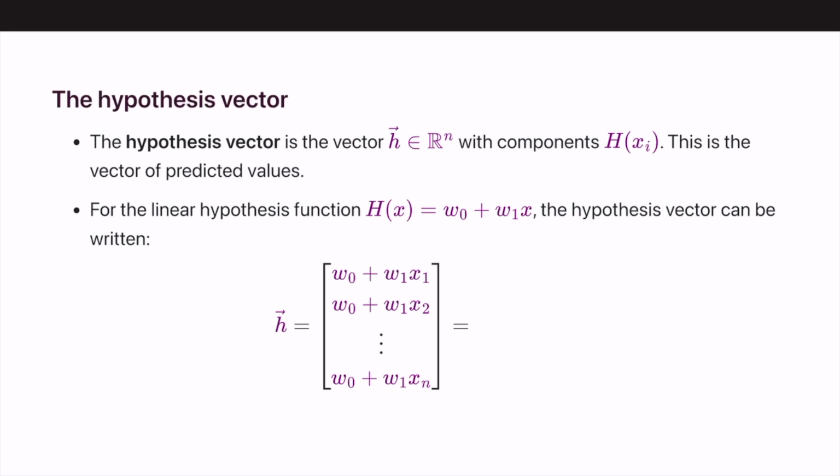So that's still, in this case, h of x sub i is equal to w naught plus w sub 1 times x sub i. And this is an n by 1 matrix, and we need some way to unpackage this.